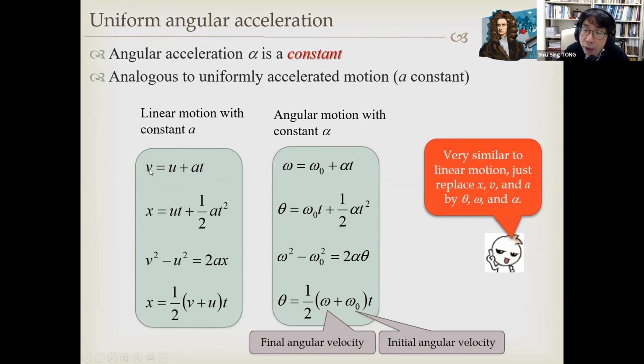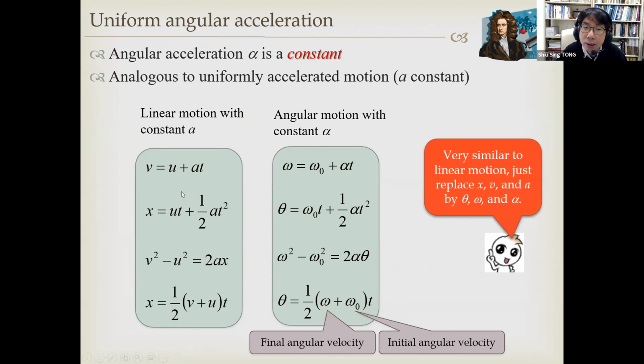The final velocity for rectilinear motion is v, and that corresponds to the final angular velocity omega. The linear acceleration is a, and translated to rotation, it becomes the angular acceleration alpha. For linear motion, the displacement is x; for the angular case, the displacement is the angular displacement theta. So you just copy the formula.